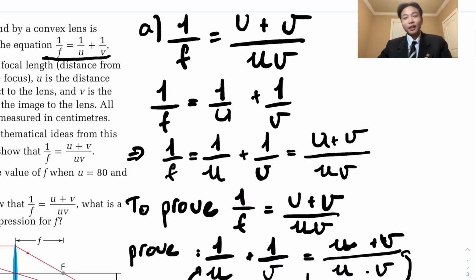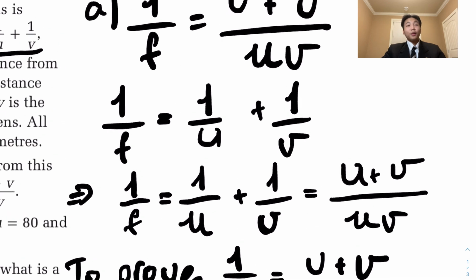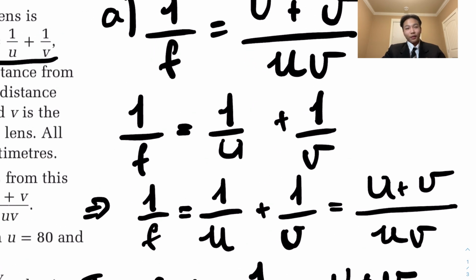Part A is asking us to prove the equation using mathematical ideas. It gives the equation 1 over f equals u plus v over u times v, and we already know that 1 over f equals 1 over u plus 1 over v. Therefore, 1 over f equals 1 over u plus 1 over v equals u plus v over u times v.